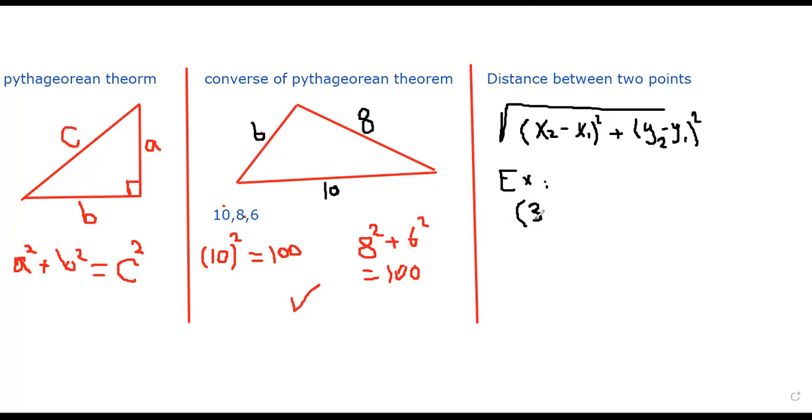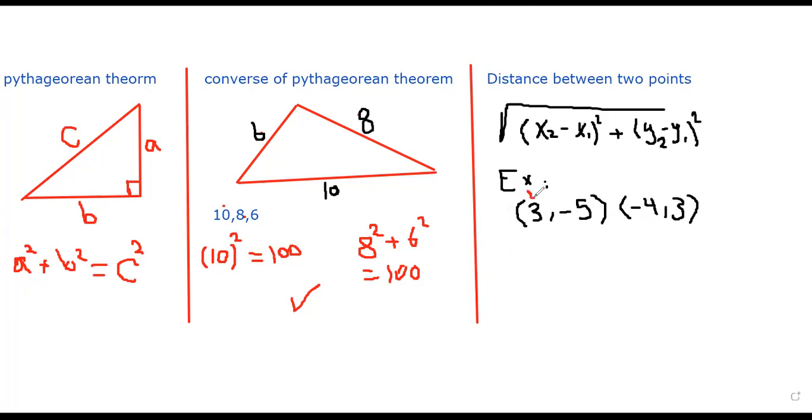If I give you an example: -3 and -5, -4 and 3. Could you please calculate it and tell me what the answer is? How will we find the answer for this question? First, we will classify.